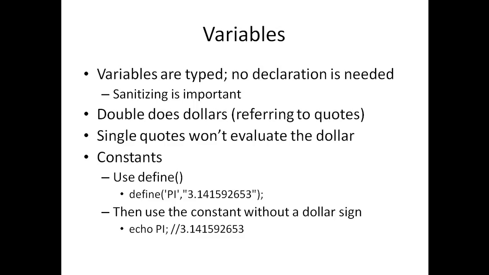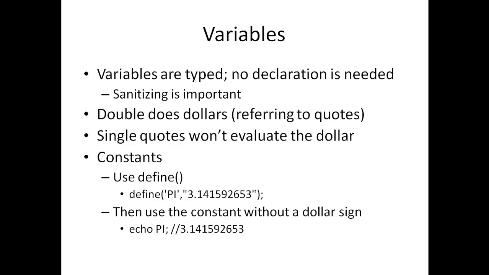What's interesting to note is what happens if you put single quotes inside of double quotes and double quotes inside of single quotes. I will leave that to you for experimentation unless we happen to cover it in a later section. So single quotes won't evaluate the dollar.